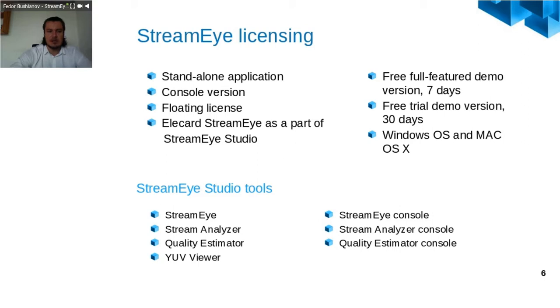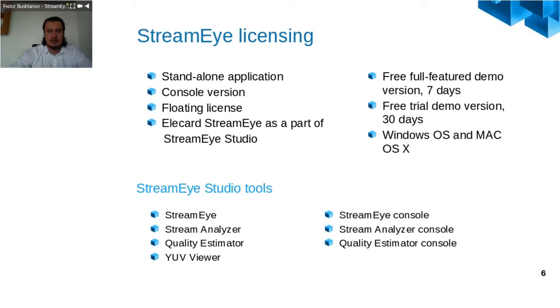It allows you to install an unlimited number of StreamEye copies on any number of computers that you want, but only a limited number of simultaneously running StreamEye instances is allowed. So say your floating license is limited to 3 instances, or we call it 3 connections, and so only 3 StreamEye instances can run at the same time.